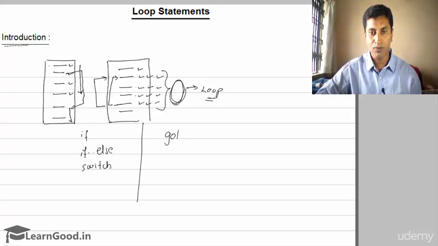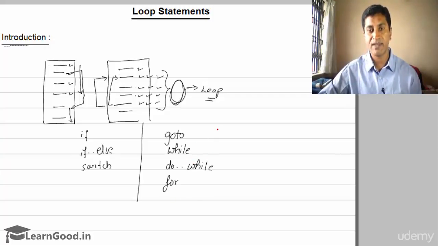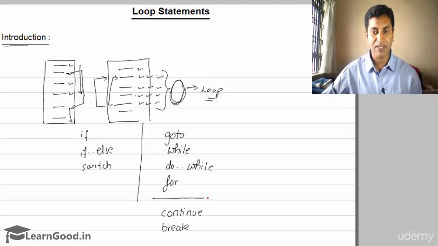One is goto, second is while, then do while, and the for statement. These are the 4 statements through which you can make a loop. Apart from these 4 statements, to control the loop, we have 2 more statements. One is continue and the second one is break. So these are the statements which we'll be studying in this chapter.